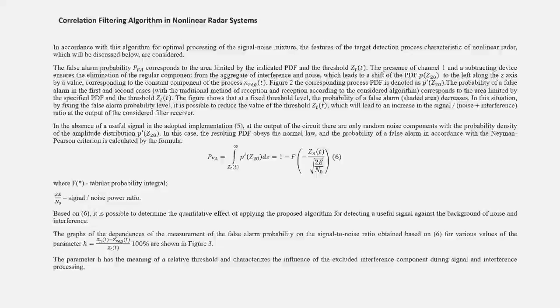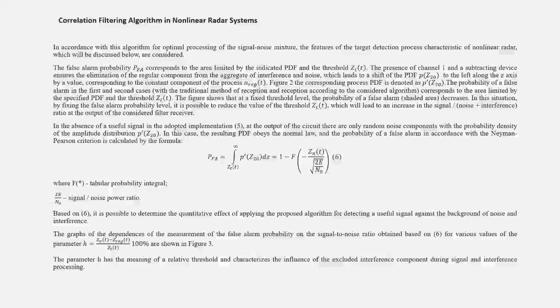In accordance with the algorithm for optimal processing of the signal-noise mixture, the detection process characteristics of nonlinear radar, which will be discussed below, are considered. The false alarm probability corresponds to the error limited by the PDF indicator and the threshold.